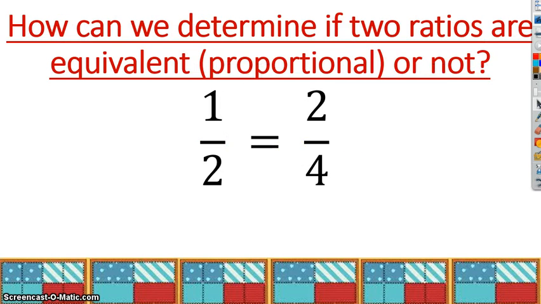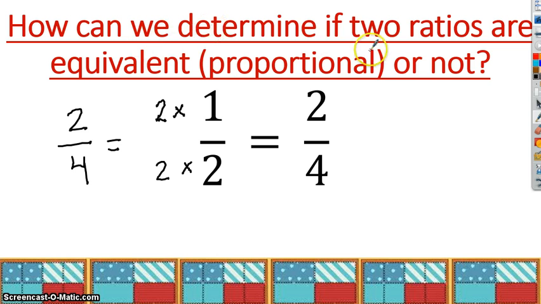So let's look at these 2 ratios. Now, I know that you know a half and 2/4 are the same, but I would like to look at different qualities. Most of you can visualize that if you expanded a half by 2, it would be the same as 2/4.